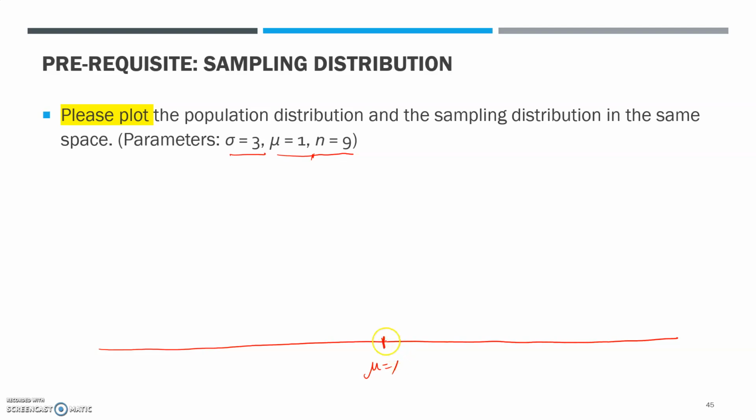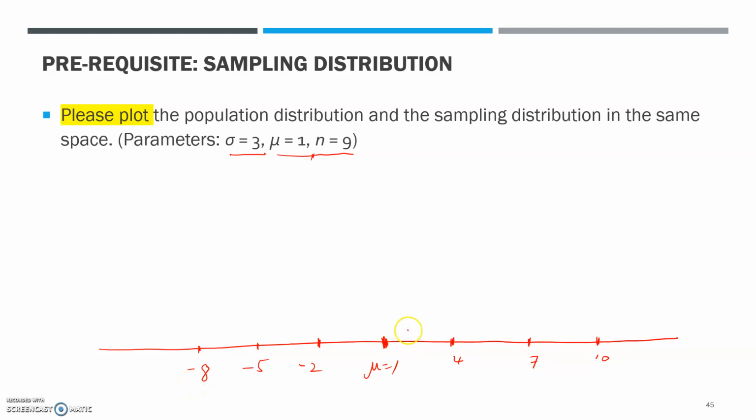So since the average is here, 1 standard deviation is 4, 2 standard deviations is 7, 3 standard deviations is 10. Again, here you are seeing -2, -5, and -8 in here. I hope I'm right here.